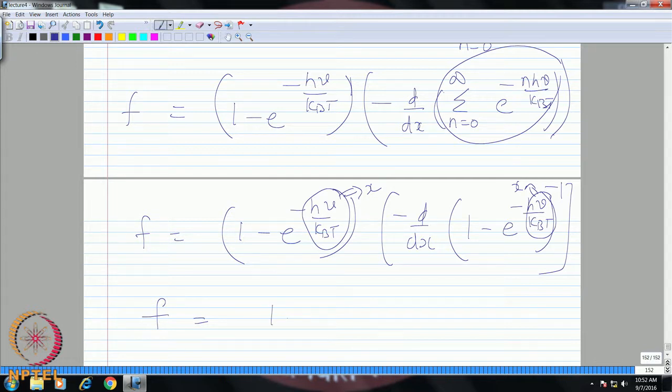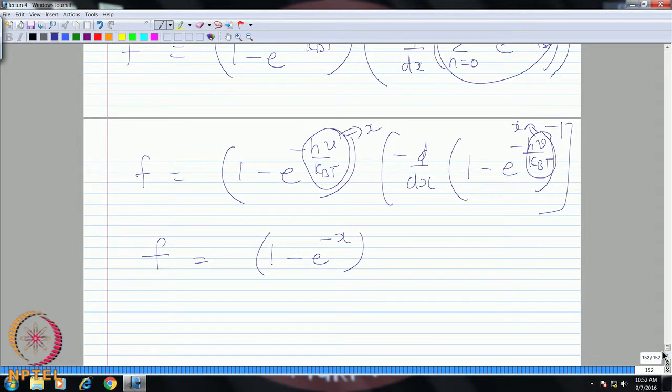So, therefore, you have 1 minus e power minus x and then you have to differentiate the next term. So this will be e power minus x by 1 minus e power minus x the whole square.